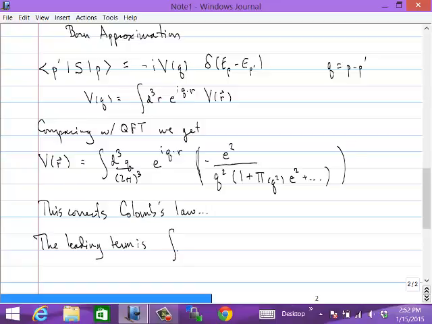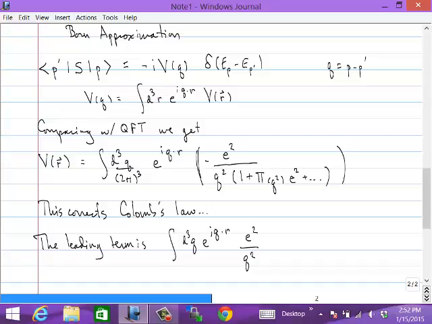What is the leading term? It's an integral d3q e to the i q dot r, e squared over q squared. The Fourier transform of 1 over q squared, we could either compute it or we could just guess what the answer is from dimensional analysis. The integral is d3q over q squared, which means that the answer has to scale like q. That is, q has dimensions of mass, which is 1 over length.